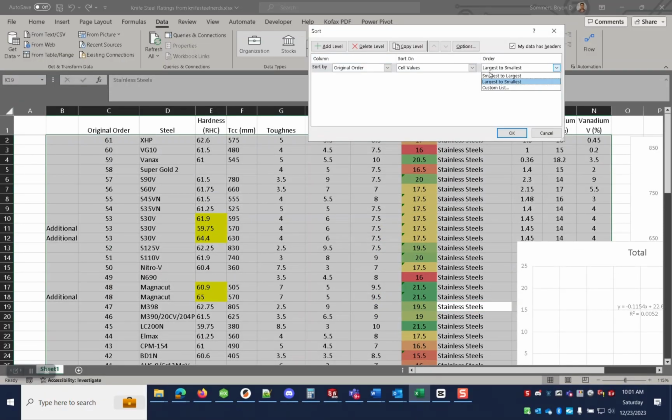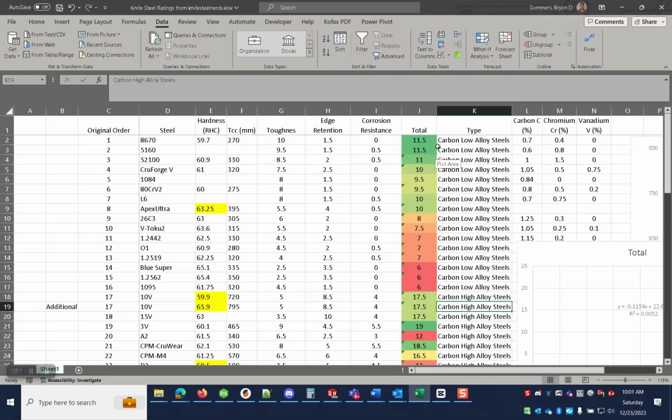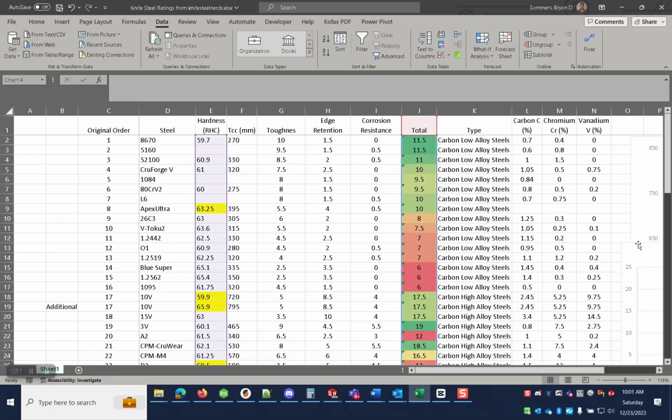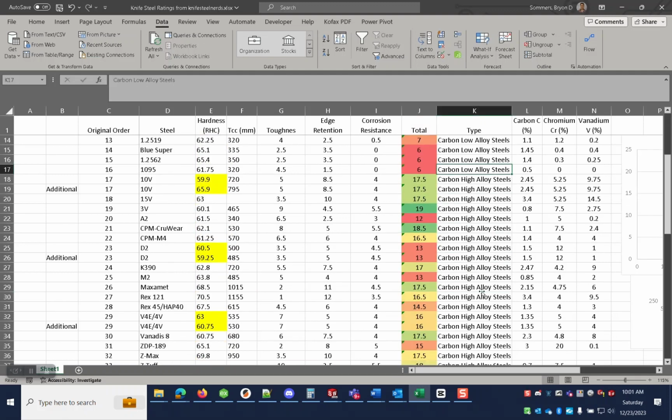Oh, let me sort that the other way, smallest to largest. All right, this is the original order from Dr. Larrin's website. Get the chromium content.